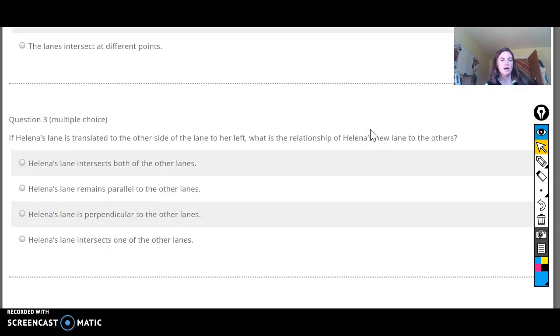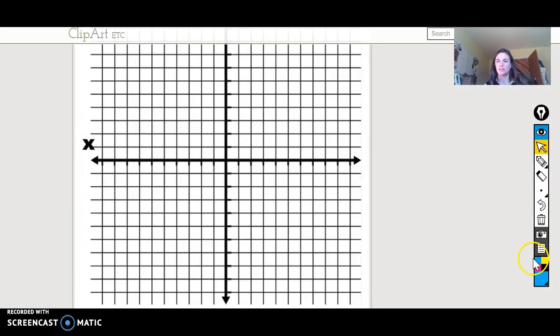All right. Okay, if Helena's lane is translated to the other side of the lane to her left, what happens? Do they intersect? Are they still parallel? Is she perpendicular? Or does she intersect one or both, I guess? So again, let's check this out here.